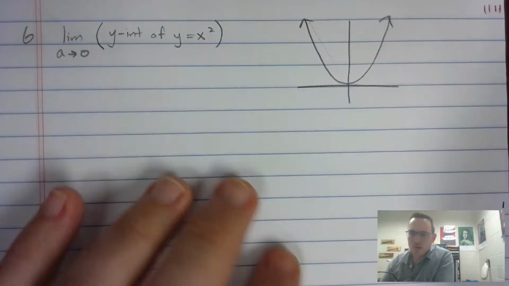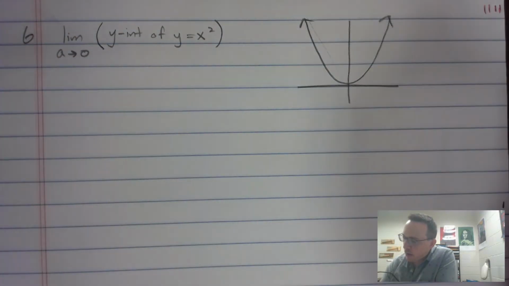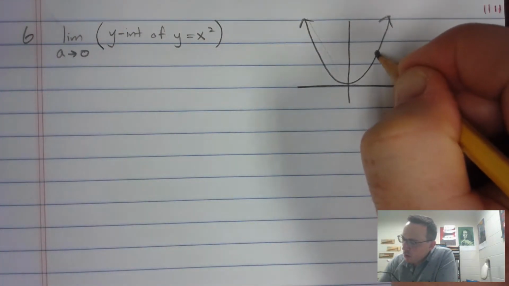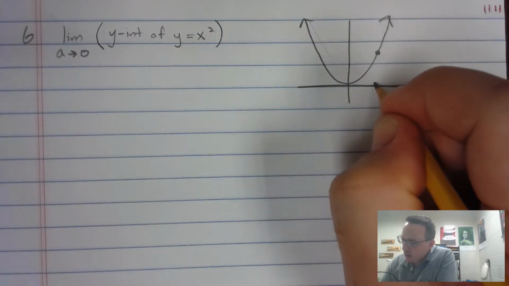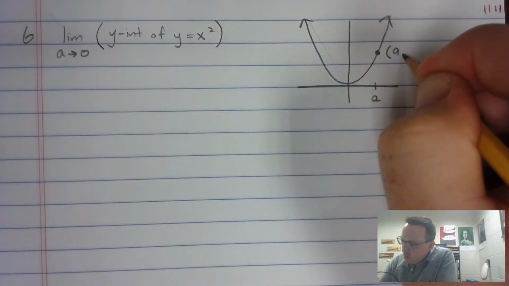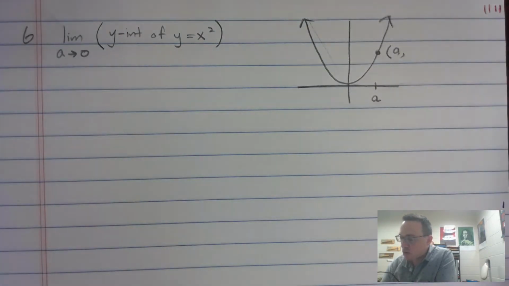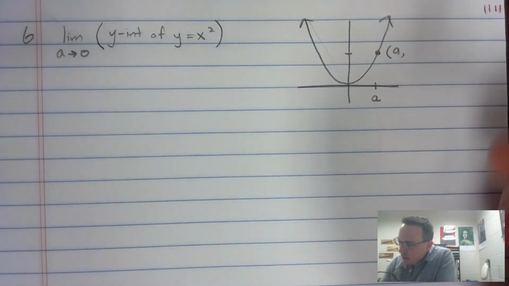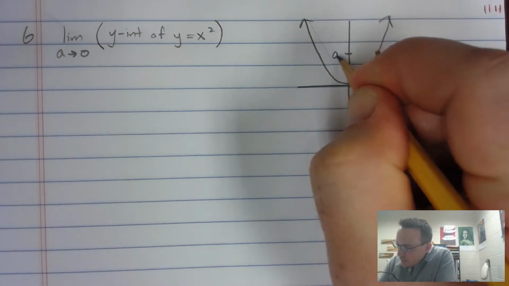Okay, so when they say the point a comma a squared, what they mean is, let's pick an arbitrary point on the curve. We're going to label its x coordinate as a, and because the graph is y equals x squared, the y coordinate is going to be a squared.